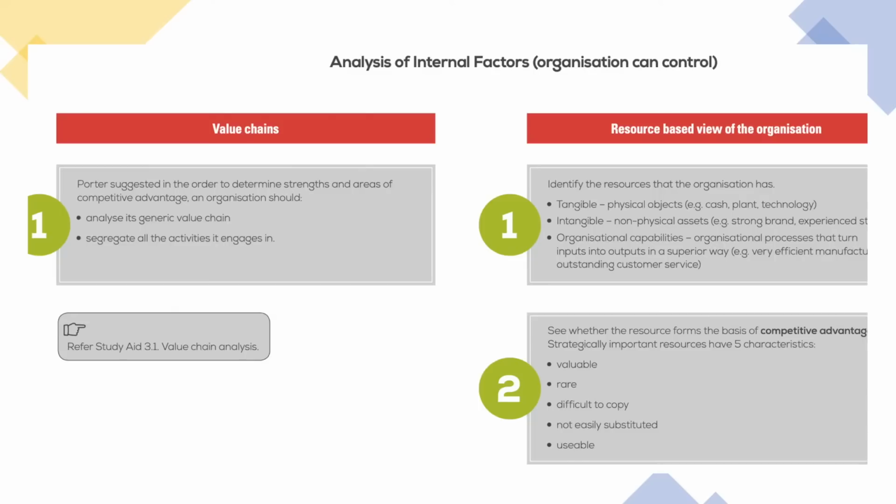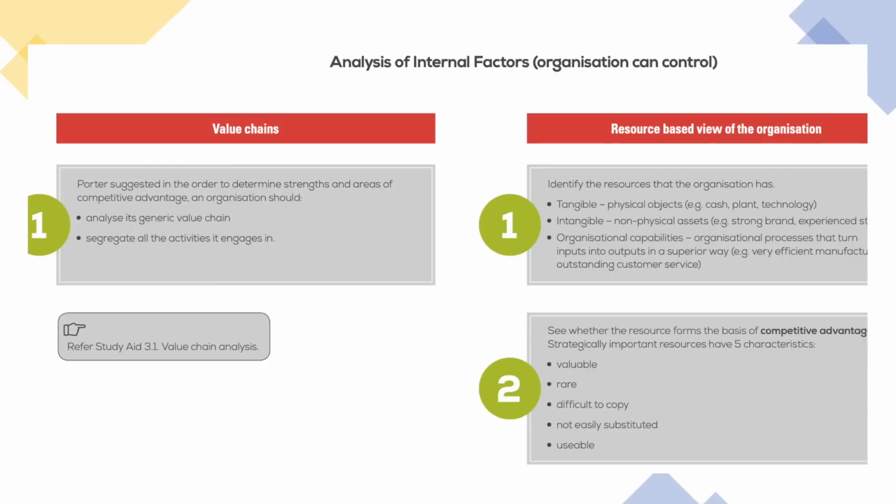What are the resources that the organization has? The tangible, physical objects: cash, plant, technology. These are the tangible organization resources. What resources does the organization have? Tangible, intangible, organizational capabilities. These are the three resources, if I may say.